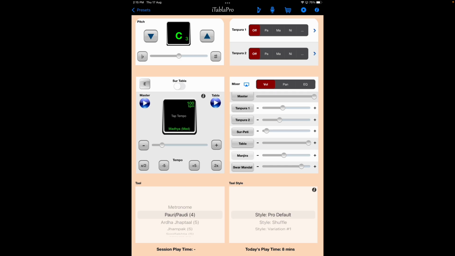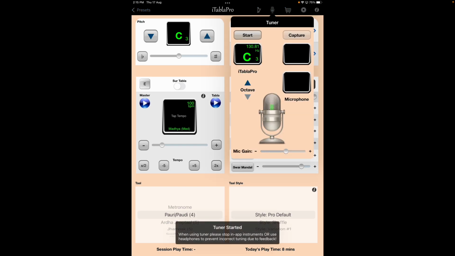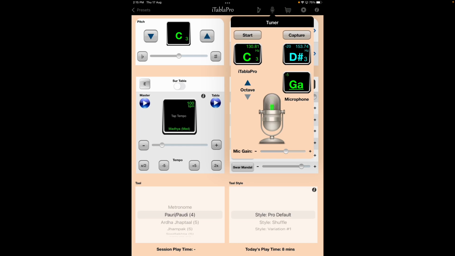The second problem is this. See, it's written here C. First of all, just see here: whatever I speak, my pitch will be displayed here.